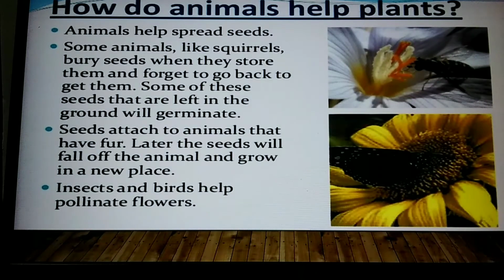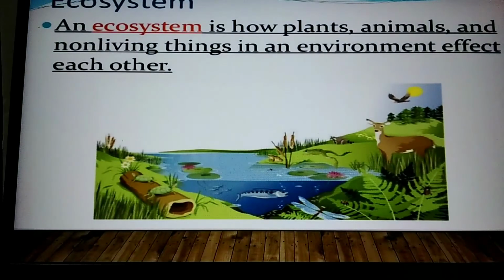Some of these seeds that are left in the ground will germinate. Seeds attach to the animals that have fur. Later, the seeds will fall off the animal and grow into a new plant. Insects and birds help in pollination of the flowers.